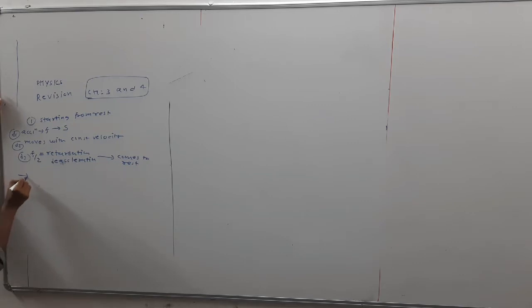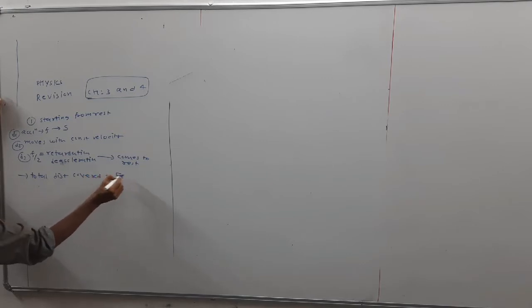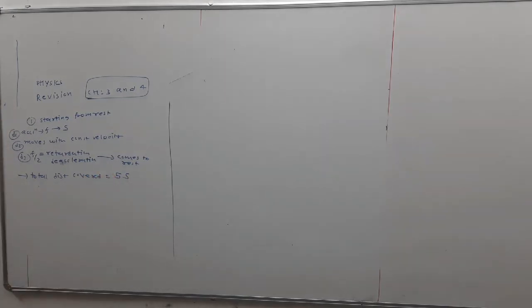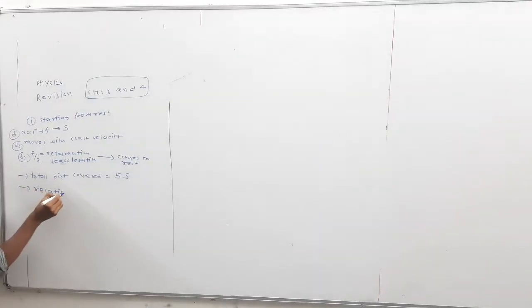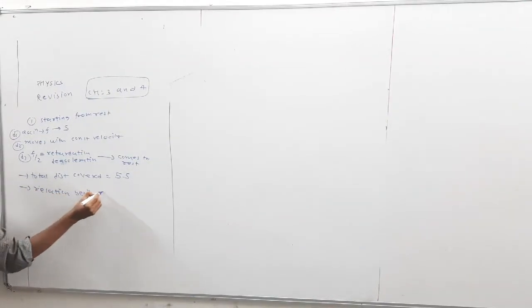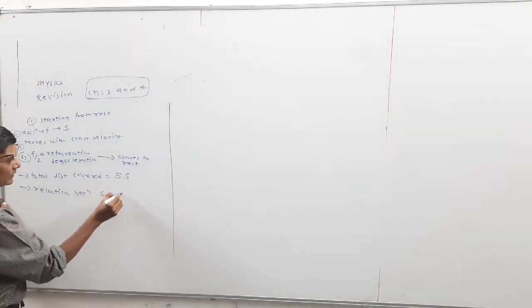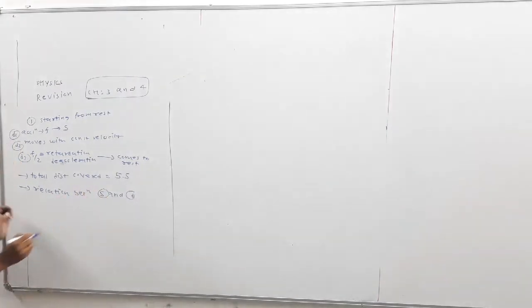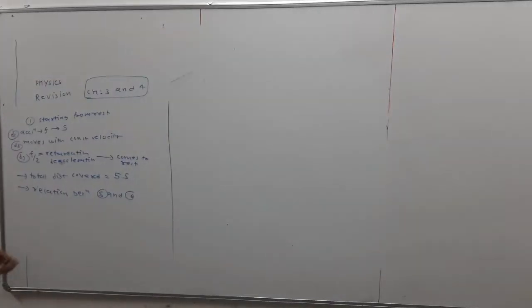See, the total distance covered is 5s. We have to find out the relation between s and t. Now we try to plot the graph of this.